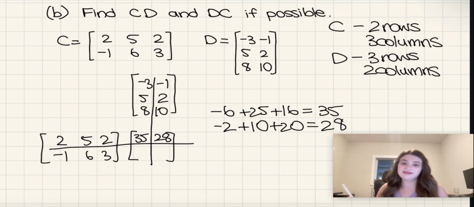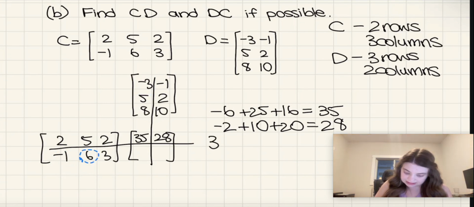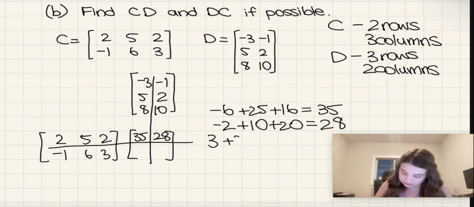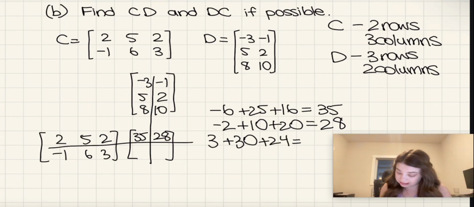All right, and then for our next one, we have negative 3 times negative 1, which is positive 3. And then we have 5 times 6, which is 30. And then we have 8 times 3, which is 24. So this is overall going to be 57 for that one.